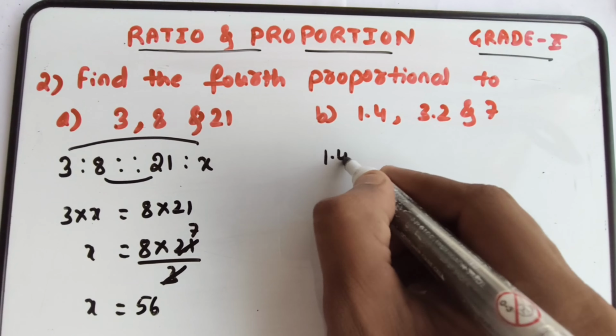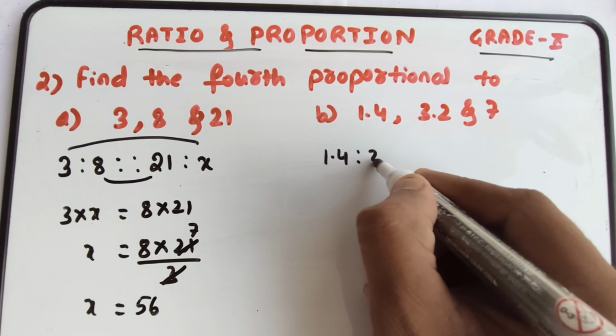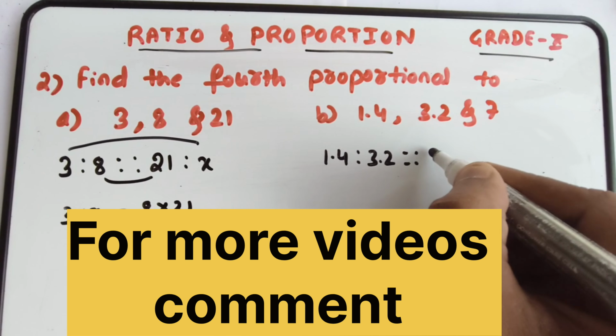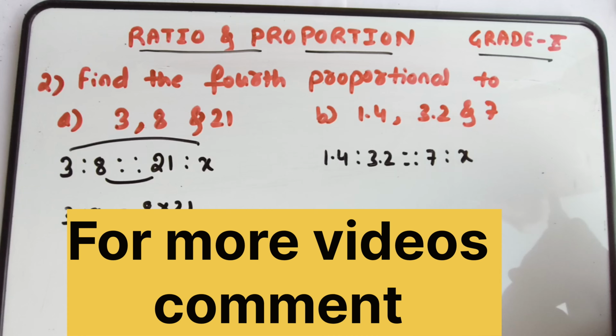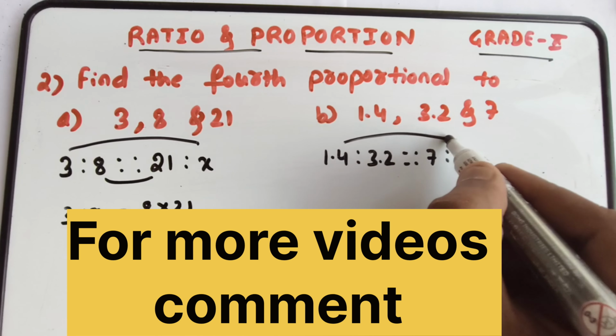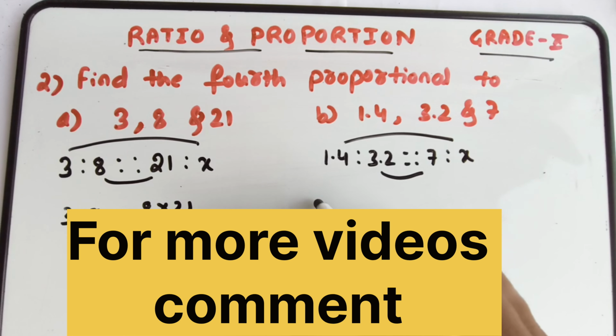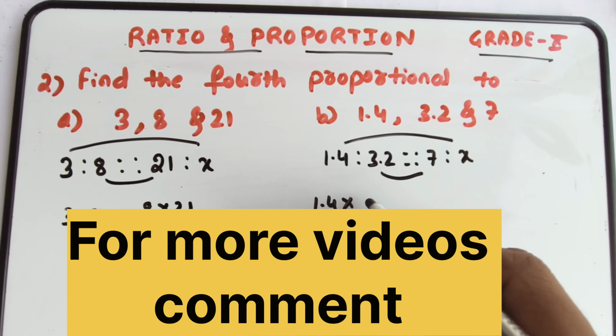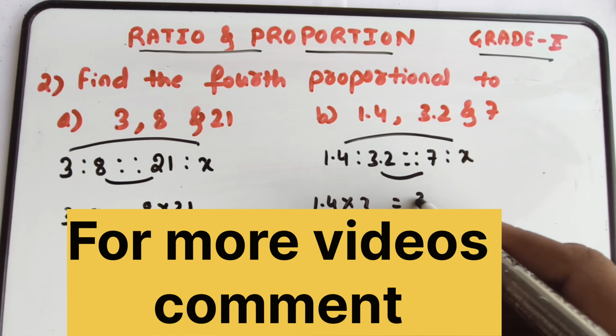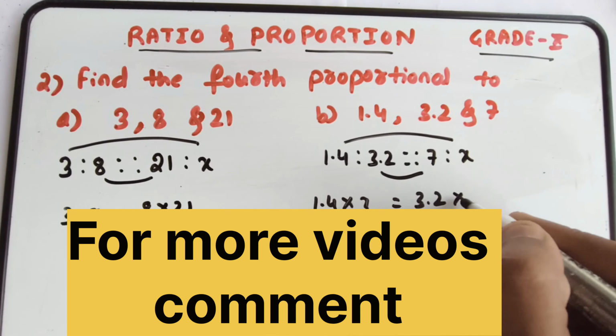Similarly, let me write 1.4 ratio 3.2 proportion 7 ratio fourth proportional, let it be x. Multiply the extremes and means, make them equal. That is 1.4 into x is equal to 3.2 into 7.